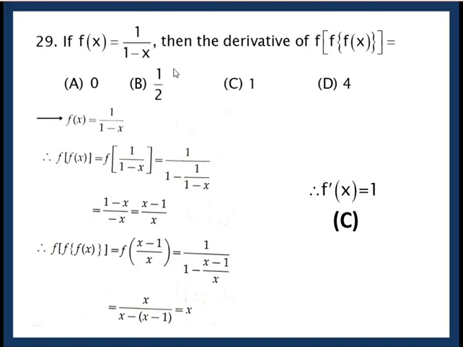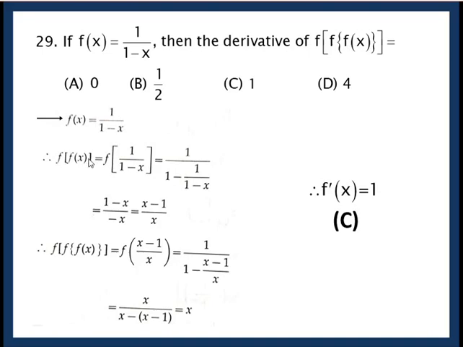Now this is again an interesting sum. f of x is 1 upon 1 minus x. Then f of f of f of x. So it is function of a function of a function, that is composite function. Okay, so we begin with f of x equal to 1 upon 1 minus x.